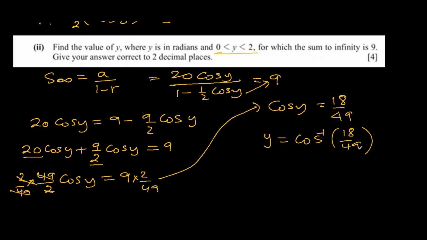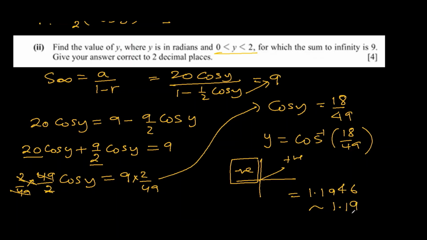Let's see what we get. Cos is positive here, right? So between 0 and 2, there's no point counting till here because it's negative here. So our answer will be in the first quadrant. Let's find it out. It's equal to 1.1946, but we'll give 3 significant figures, which is 1.19.